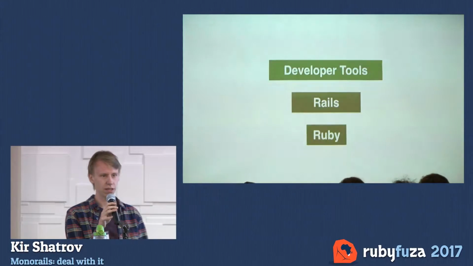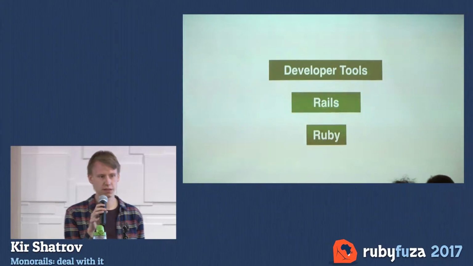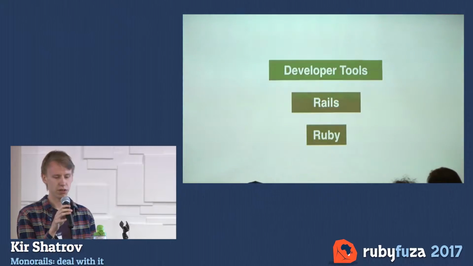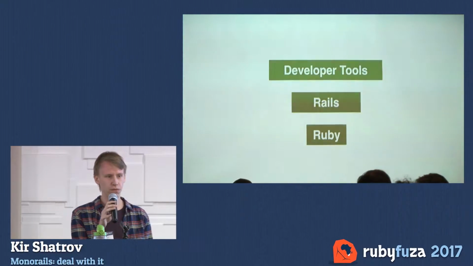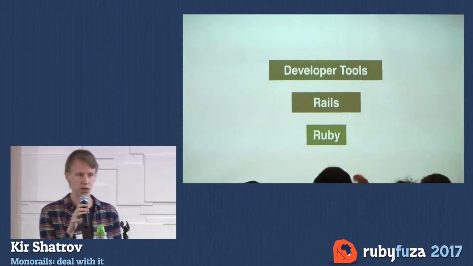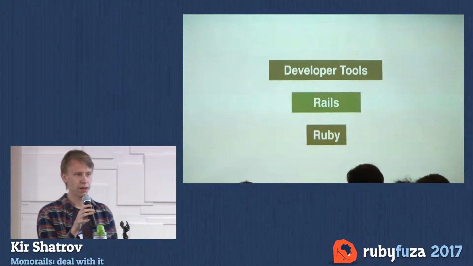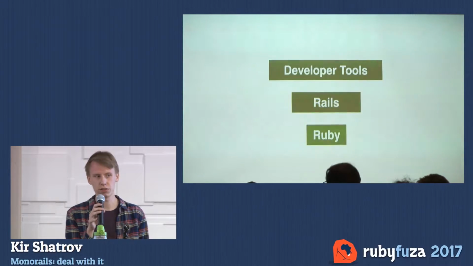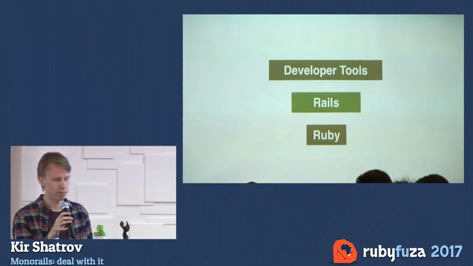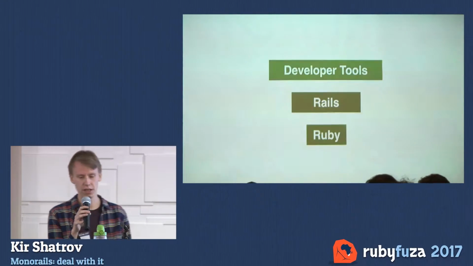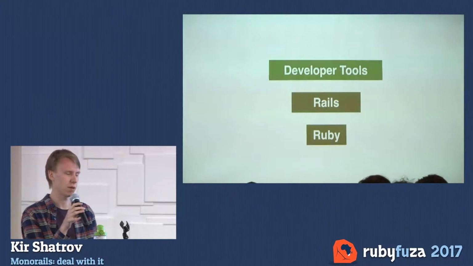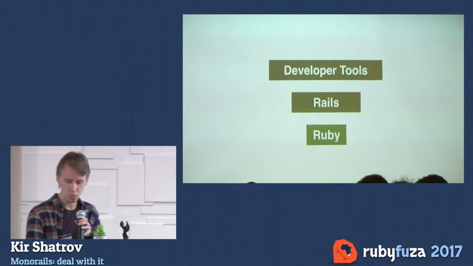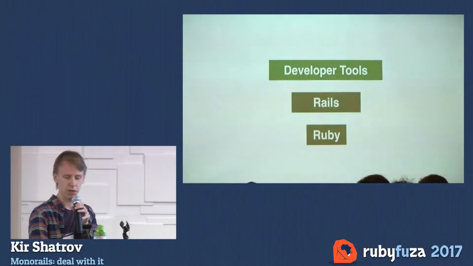If we think about it as a platform, it's the Ruby language at the bottom, then comes Rails as a framework, and on top of the Rails framework are our developer tools that include continuous integration to run many tasks efficiently and tools to allow hundreds of people to deploy the same application at the same time. And I'm going to describe all these tools.